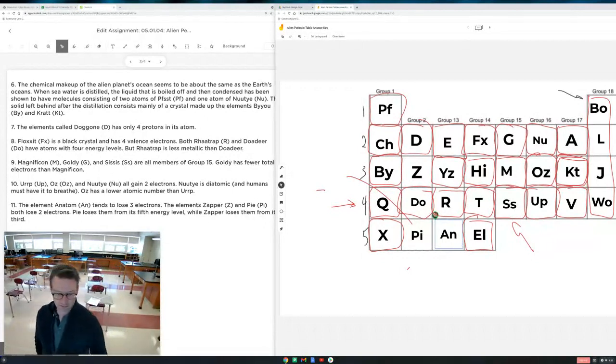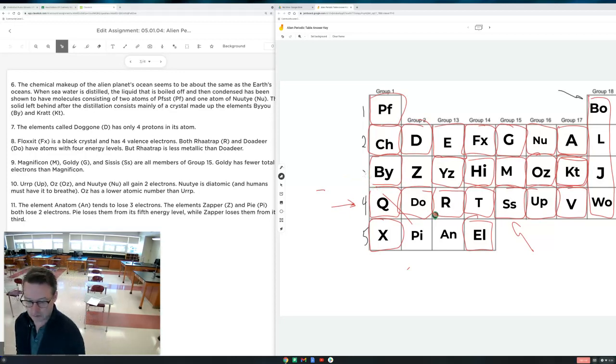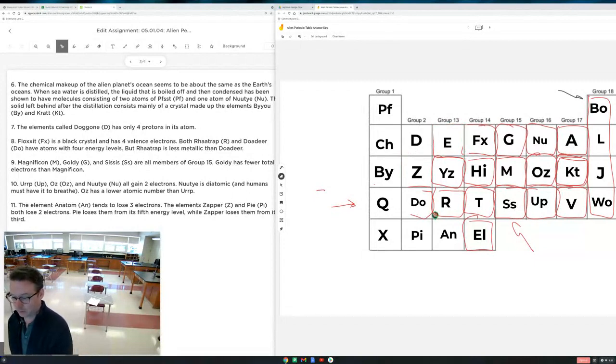Okay, so now if I erase all the extraneous stuff here, we have all of our elements based on the clues in the correct locations as it was posted in the screenshot, but that gives you the explanation of why and how to figure out where all those elements go, which is similar to the new assignment, the Kid Brother periodic table, and I'll post the answer key for that shortly as well.